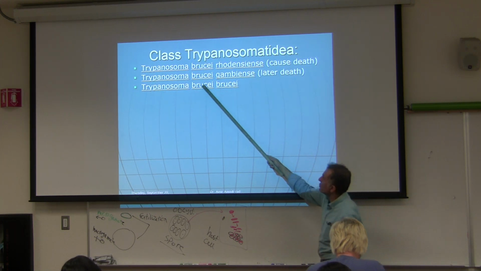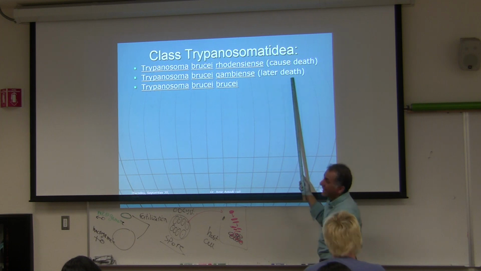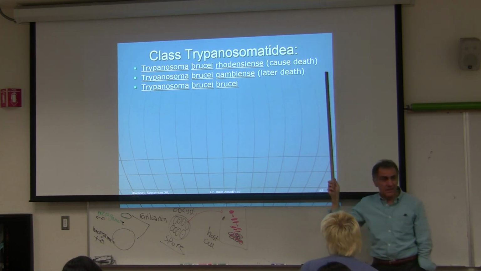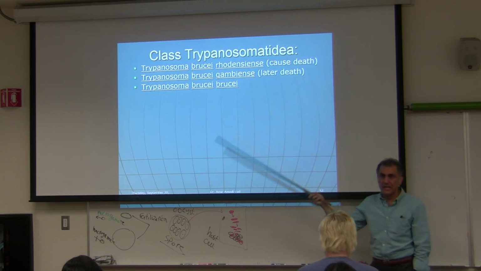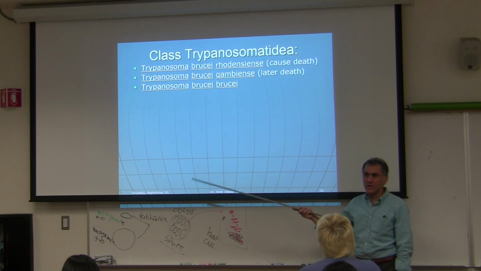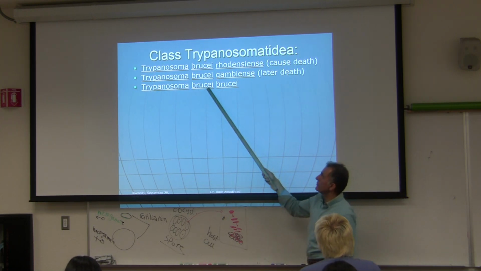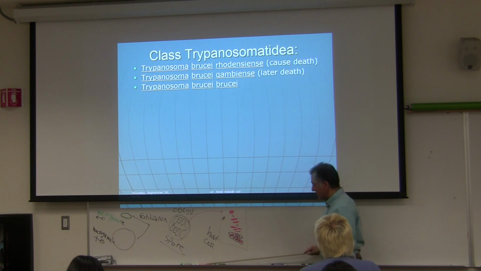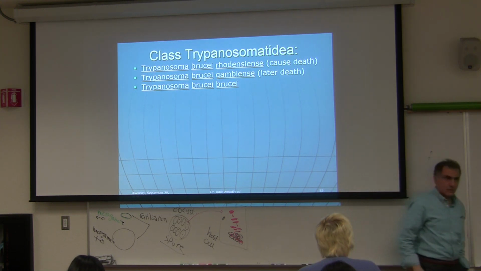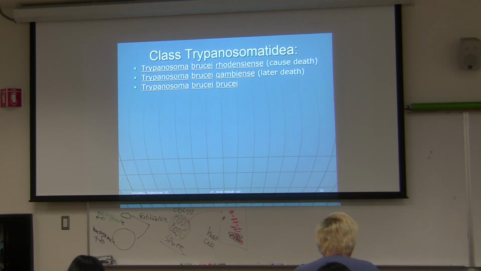And then Trypanosoma brucei gambiense causes harm and the person will die eventually later on. They can have a few more years. And then Trypanosoma brucei brucei is the one that is found in animals. So the ones in animals and the ones in humans are a little different.